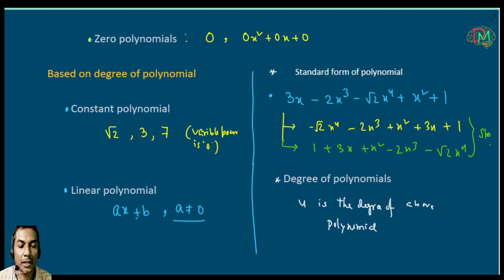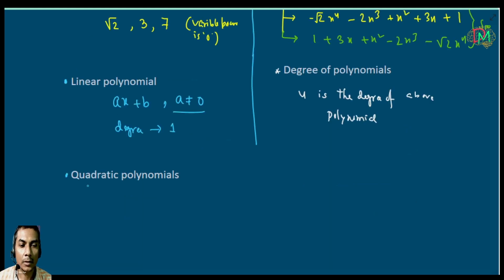If it is 0, then it becomes a constant polynomial, not a linear polynomial. So a linear polynomial means the degree is actually 1. The maximum power of the variable is 1. Clear? Next we learn.